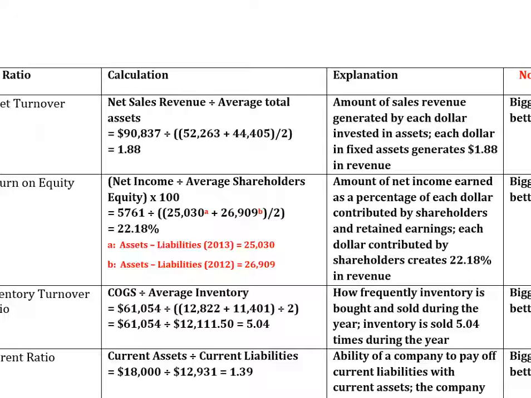So this tells me that for each dollar contributed by shareholders or retained in the business, I create 22.18 cents in net income. And again, the more net income I can create, the better. So bigger is better in this instance as well.